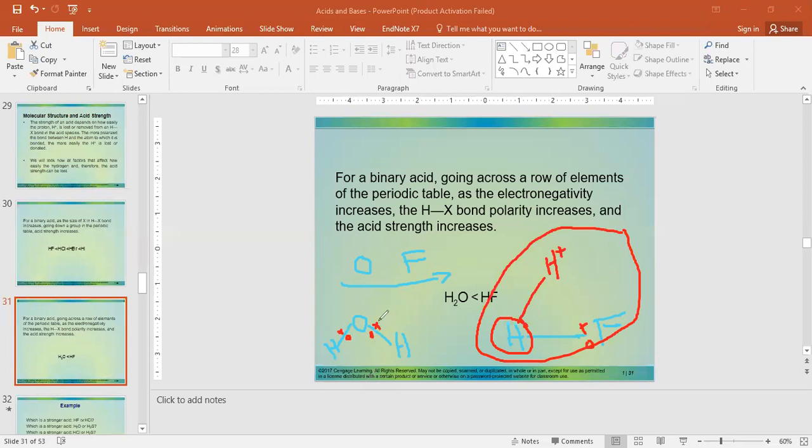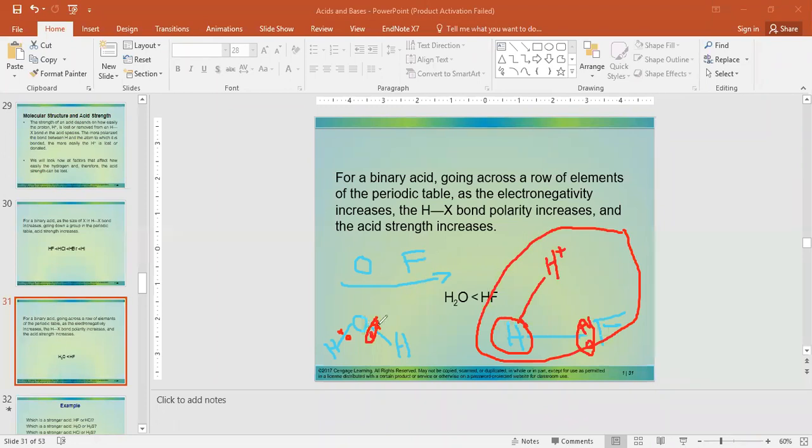Listen, I'm talking about the sharing of the bonds. Okay? This fluorine here is more electronegative. Electronegativity is the tendency of a species to attract electrons to itself in a bond, isn't it? We are comparing the sharing of electrons here and the sharing of electrons here. Okay? We know that the electrons are going to be closer to the more electronegative atom. So water is less electronegative than the fluorine.